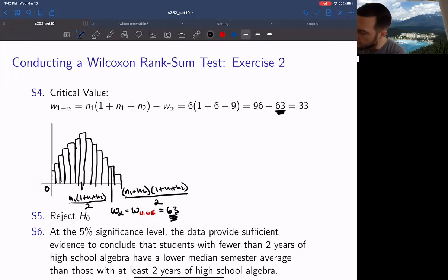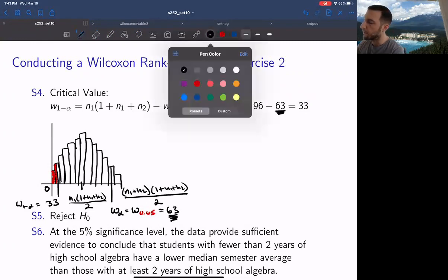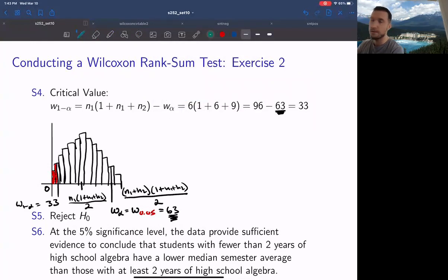Now the 33 is the value for the lower tail here. So we have W1 minus alpha, which is equal to 33. We're performing a lower tail test, so we can now take our test statistic, which was also 33, I believe.